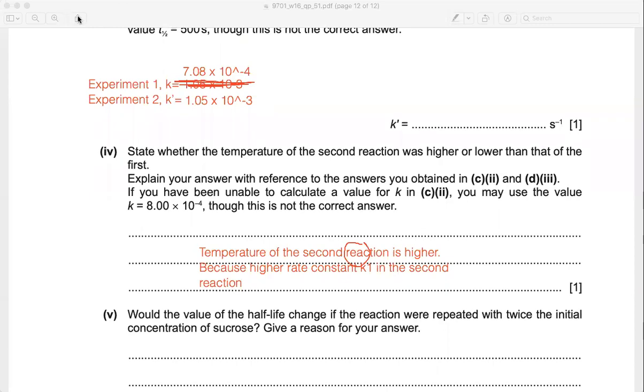So the answer is no. The half-life will stay constant because it is a first order reaction. Right. So basically that is it.